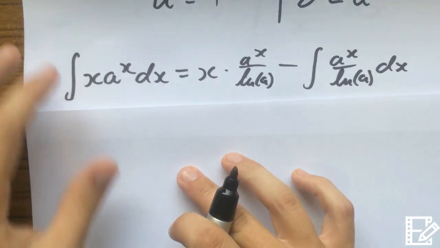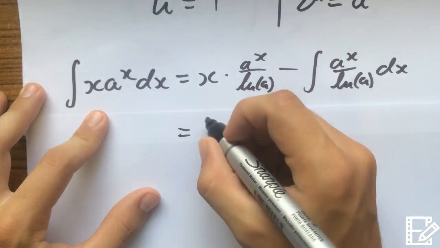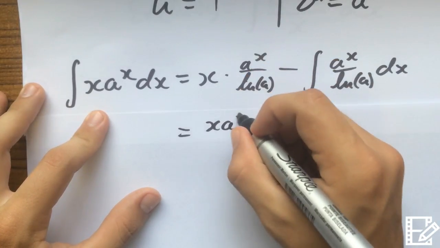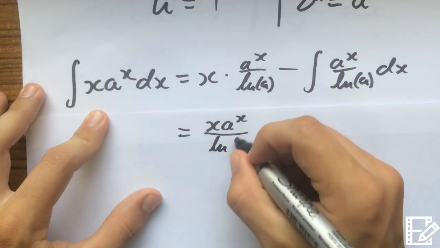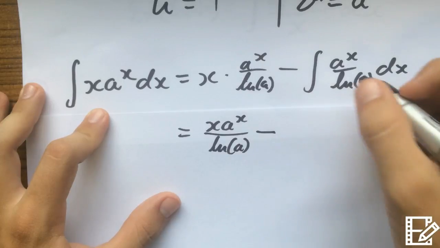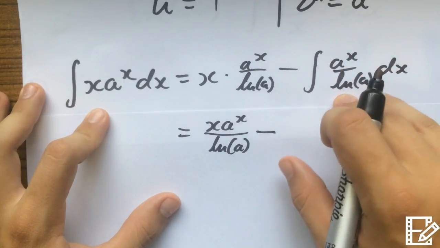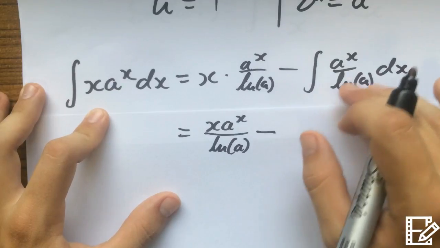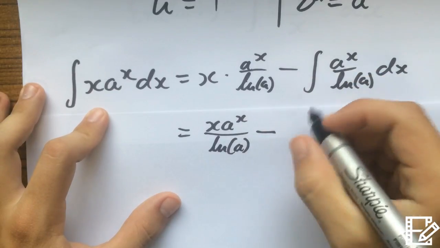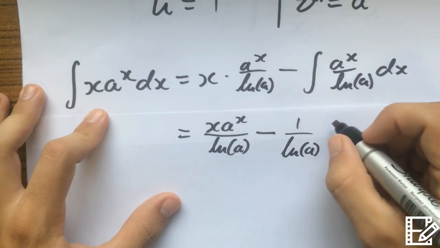So, here's the easy part. This is much easier, this question. So, we have the x, we can multiply it on top. Subtract, well, because a to the x over ln of a, the 1 on ln of a I can bring out the front because it's a constant. Multiplication by constants rule let me do that.